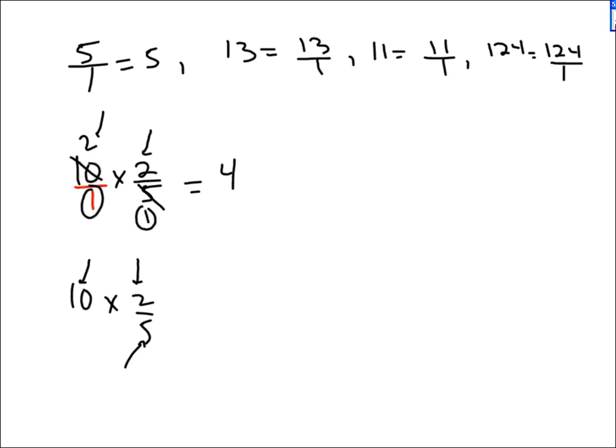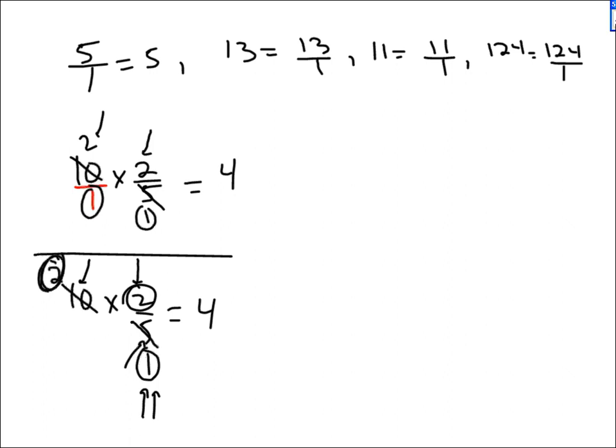If you didn't write the 1, 10 over 1, you just wrote 10. Again, 10 is the top number. 5 goes into both of those numbers. 5 goes into 10 2 times, and 5 goes into 5 1 time. We're dividing by 1. Don't do it. 2 times 2 is 4.